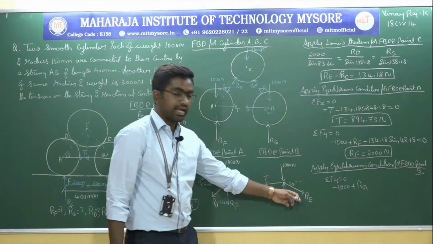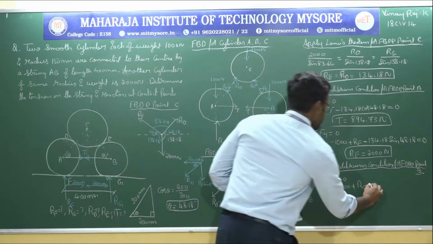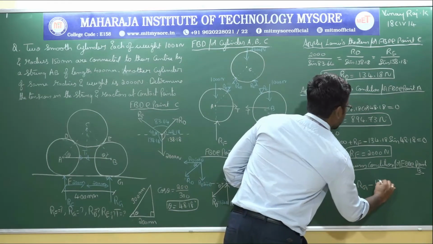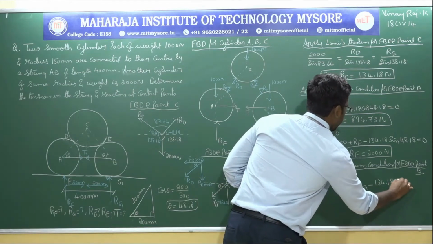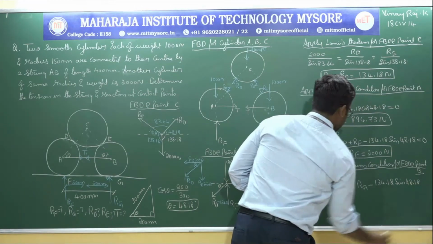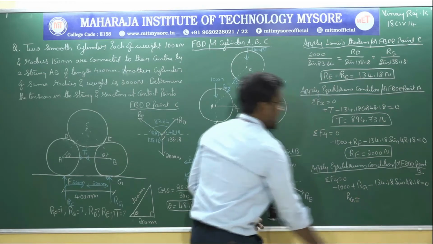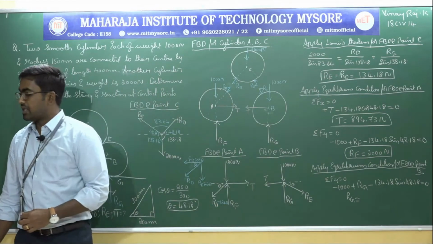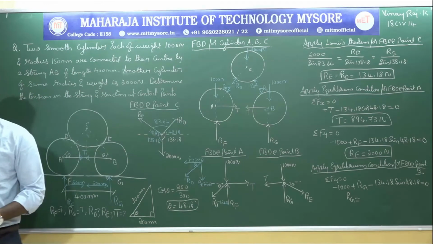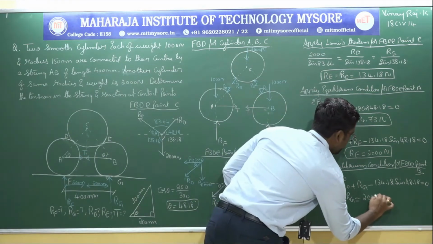If I resolve this reaction, I need to consider only the vertical term, that is minus Re value, 134.18 into sine of theta, which is 48.18, is equal to 0. Now if I simplify this, the Rg value will be equal to 2000 Newton.